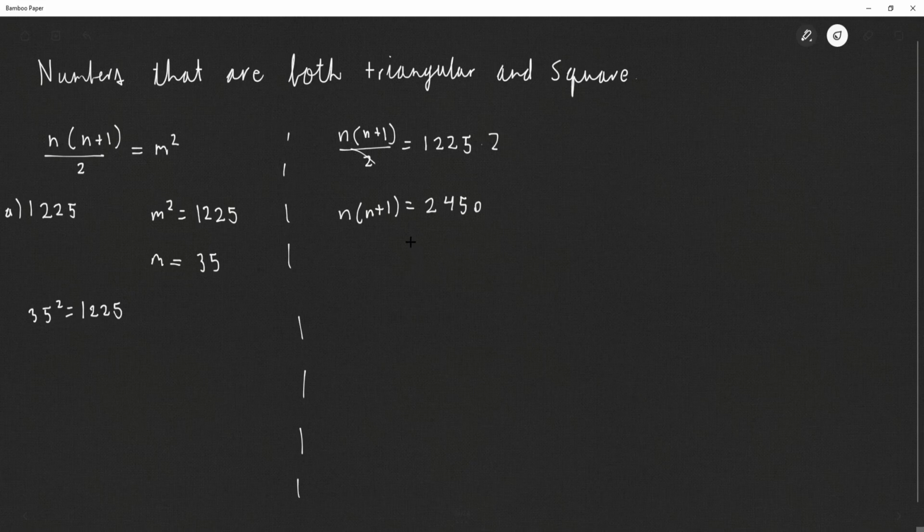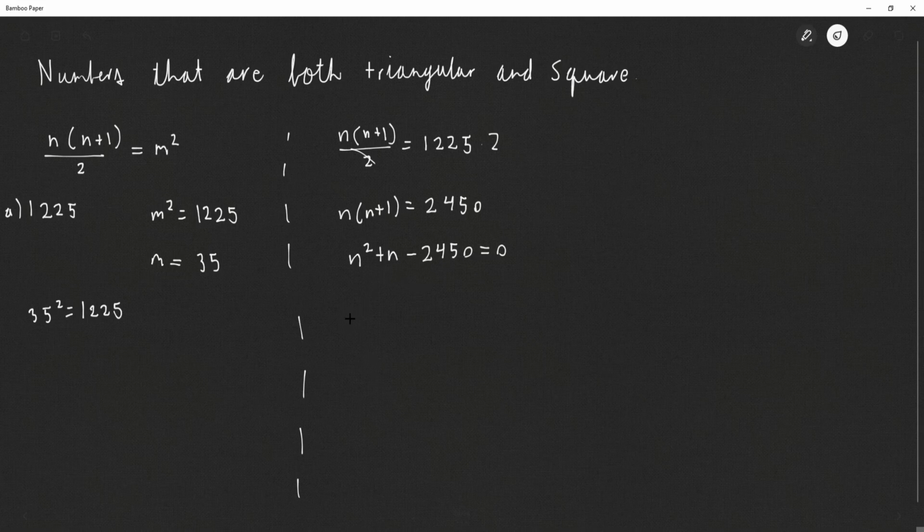Now we can expand to give us n squared plus n, and we'll bring our 2,450 to the other side, making it minus 2,450. So we can set it to 0 and make a quadratic equation.